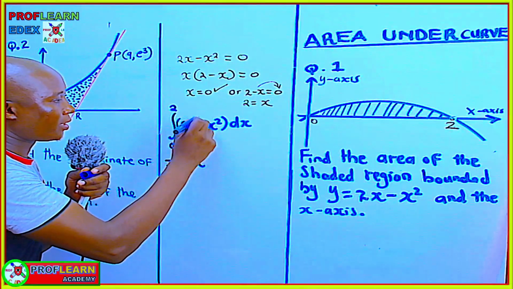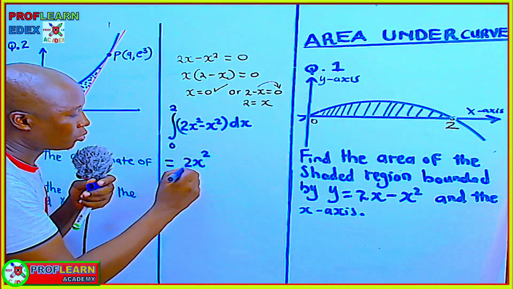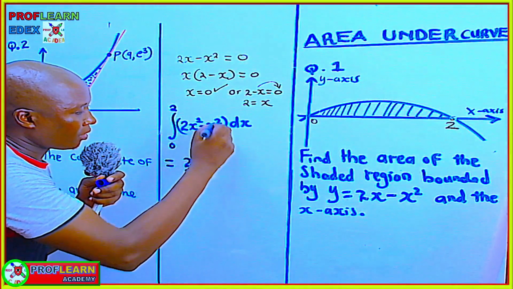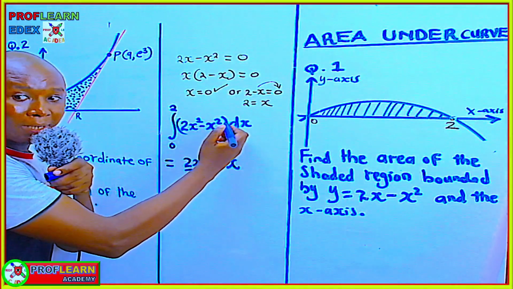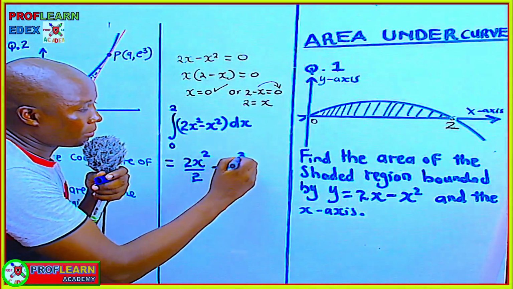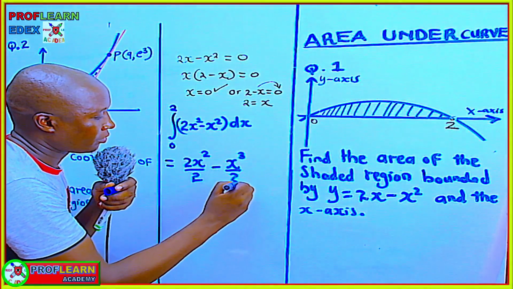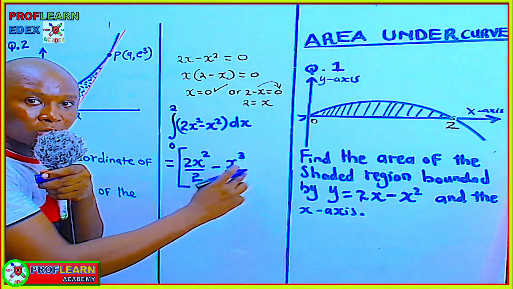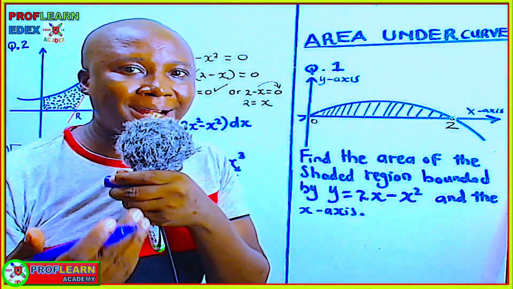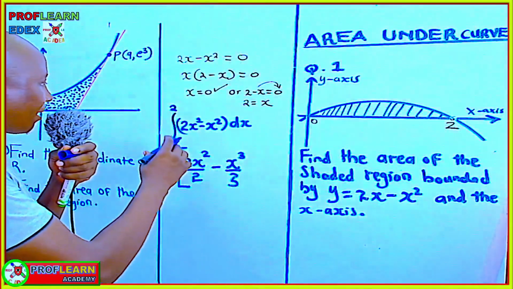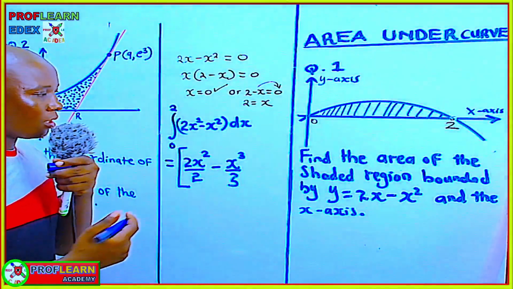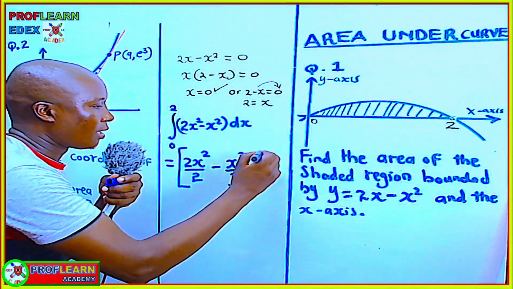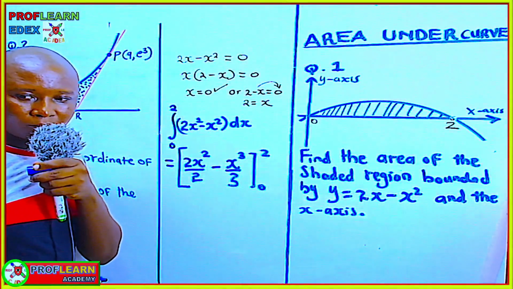You increase the power, which is 1, by 1, it becomes 2, then you divide by 2. Then minus x squared, you increase the power by 1, and that becomes x to the power 3 divided by 3. When you integrate you are supposed to say plus c, but since this is a definite integral, you ignore the constant, and then you write the limits 0 and 2.